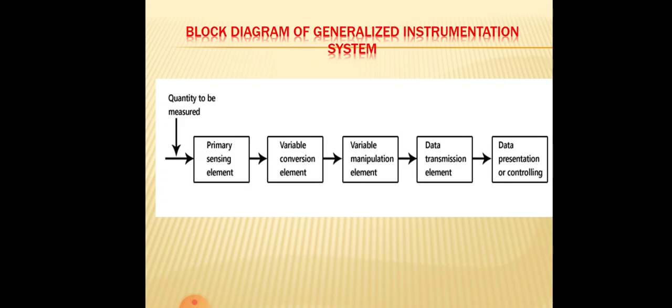It means it will manipulate the data and give the output to the data transmission element. The data transmission element will give the output in the form of a signal to the data presentation or controlling block. Okay, so each and every block we will discuss in detail in the next slide.